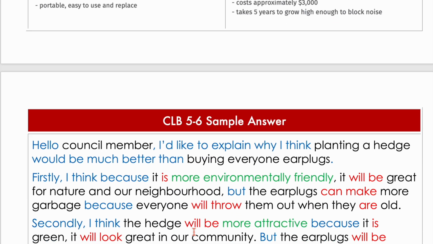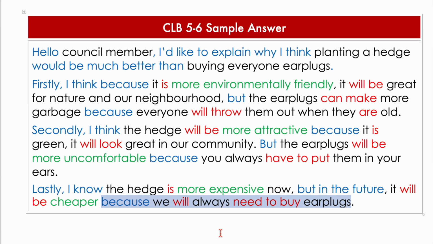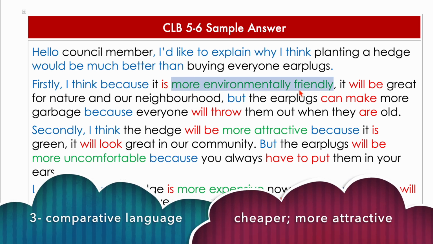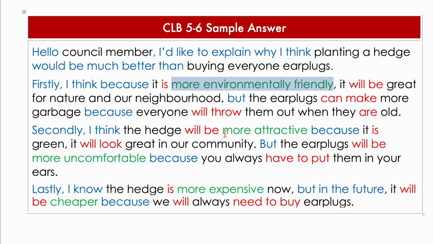Now, secondly, we used comparative language: more environmentally friendly, more attractive, more uncomfortable, more expensive, cheaper. We need to use some comparative language to show that we know that, okay?